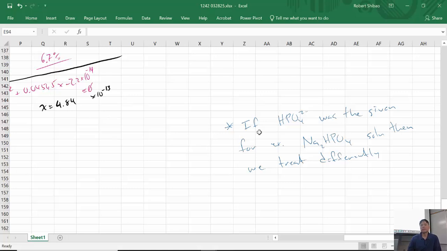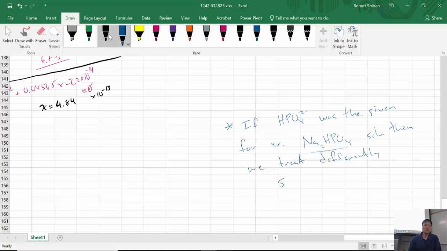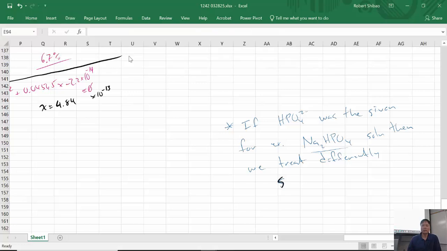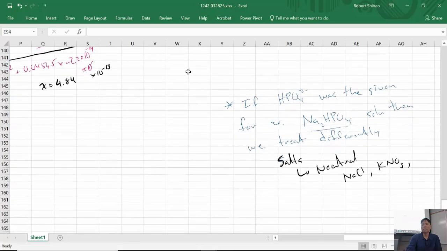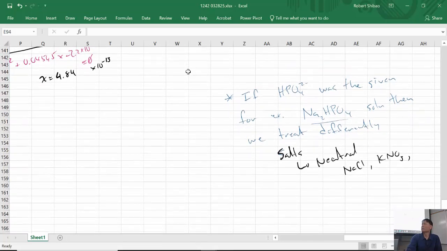So we have different kinds of salts. When we look at a salt, first we analyze what type of salt we have. We have neutral salts. Neutral salts would be things like sodium chloride, potassium nitrate. Sodium ions are neither acidic nor basic, but chloride is a base.